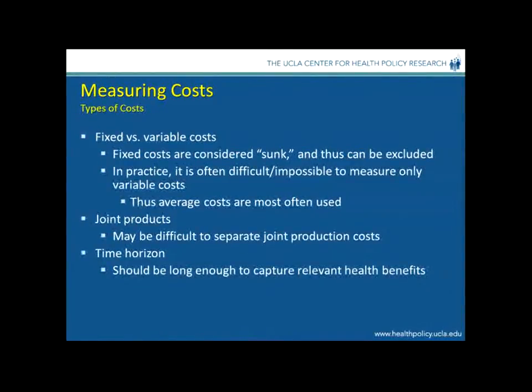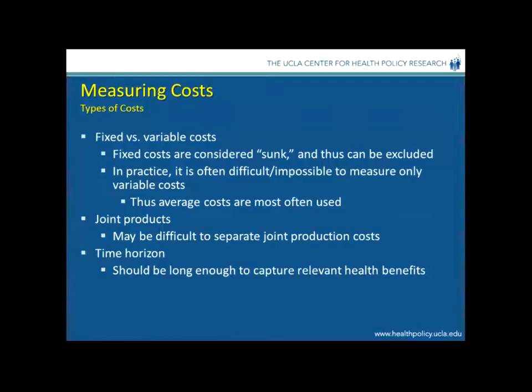And then the question is, what's the time horizon for my study? In general, the rule of thumb is that you want to make sure that it's long enough to capture relevant health benefits. But, as one of the questions that came from LA Care indicates, if you're trying to improve health outcomes in your members, you might have to look for 30 or 40 years, and nobody has time to do that study.